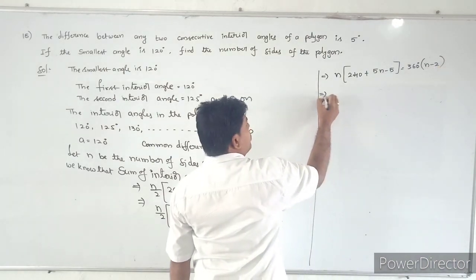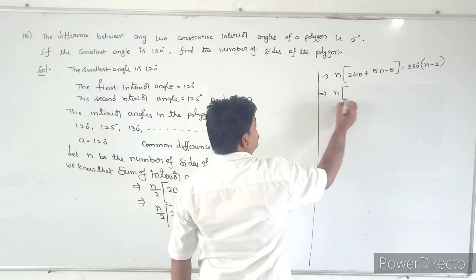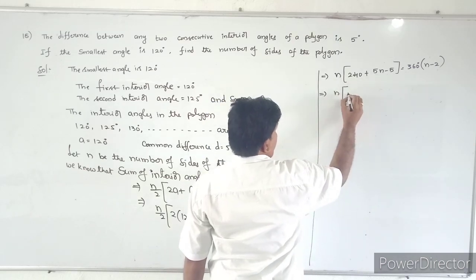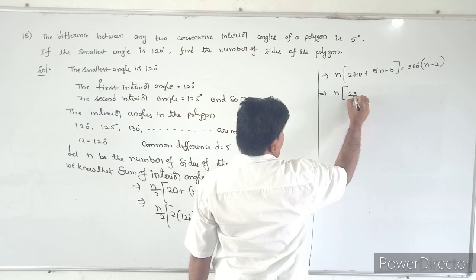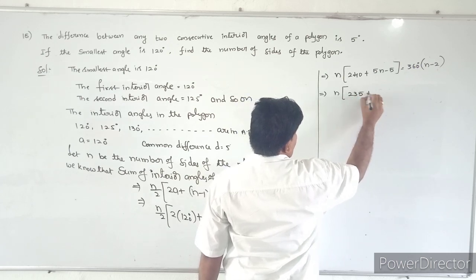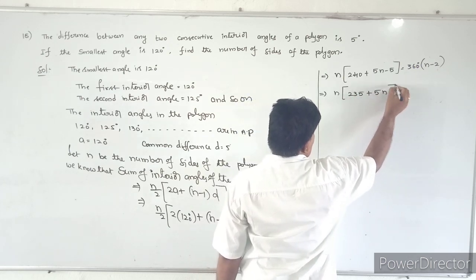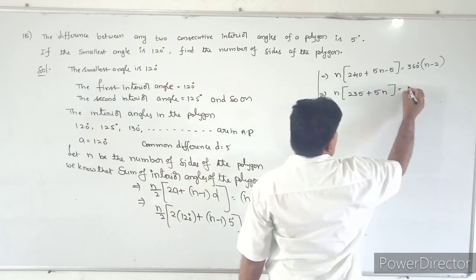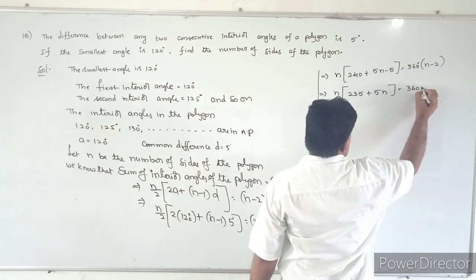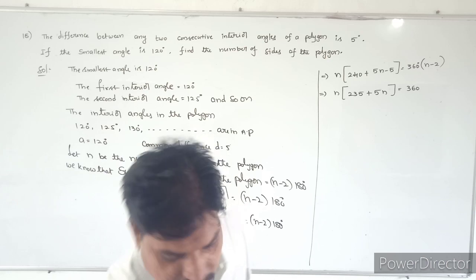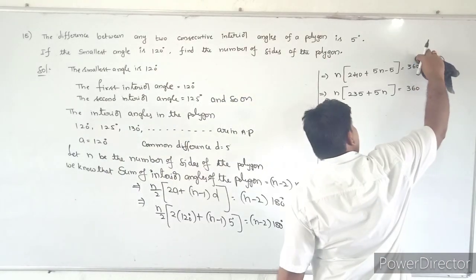So that implies n into, just add the terms here, 235 plus 5n, that is equal to 360n. You can remove all the degrees here.